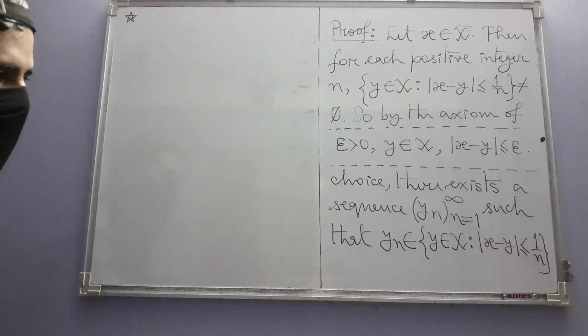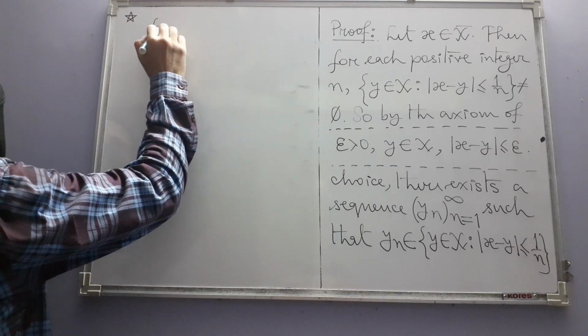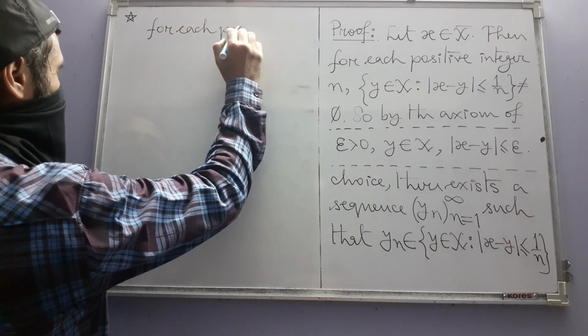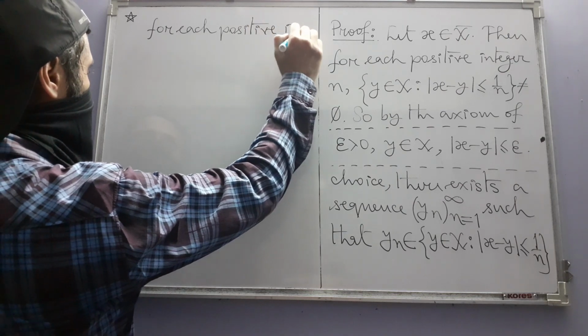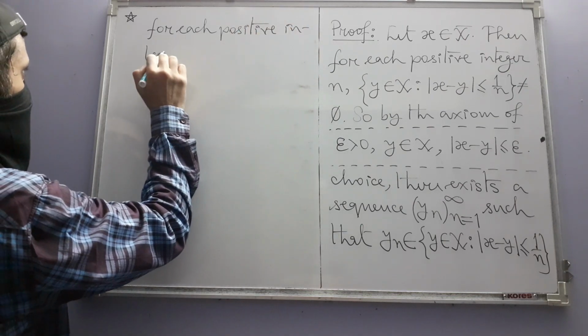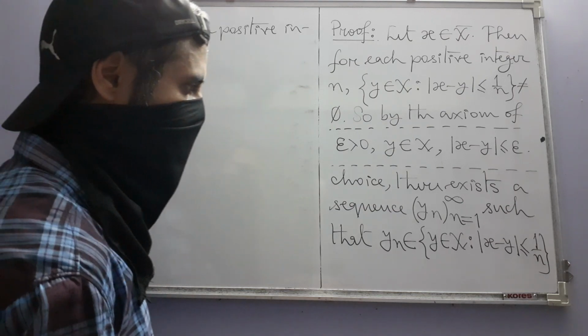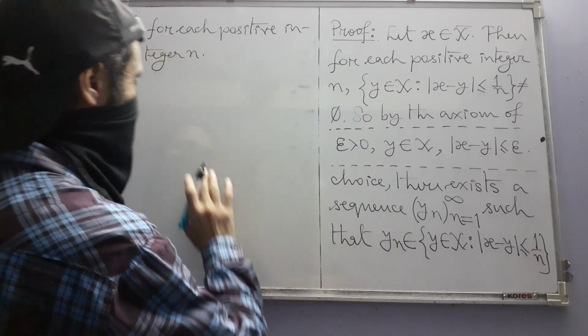Okay, so this happens for each positive integer n, and we can still write something else in place of this.